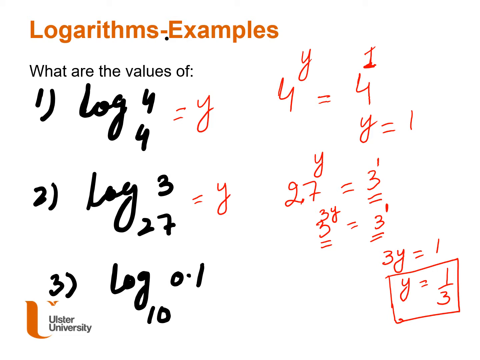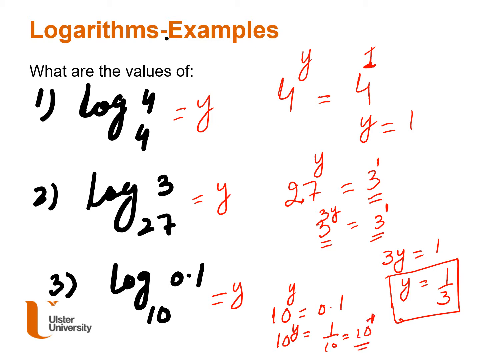Looking at question number 3, log 0.1 base 10 is the number y such that 10 to the power y is equal to 0.1, or we can write it as 10 to the power y is equal to 1 over 10, or 10 to the power minus 1.